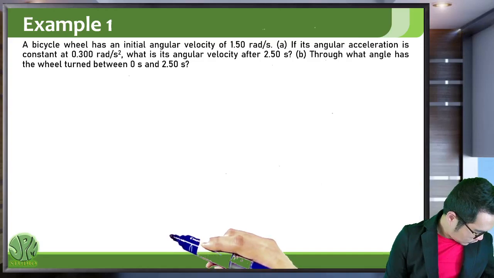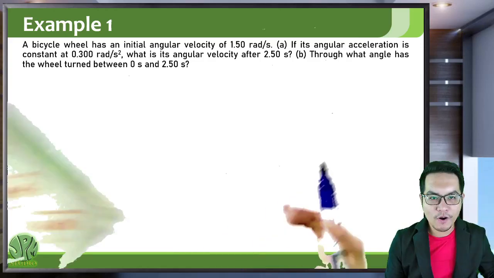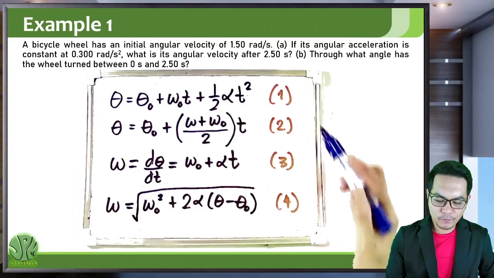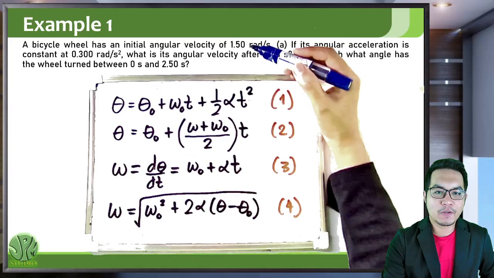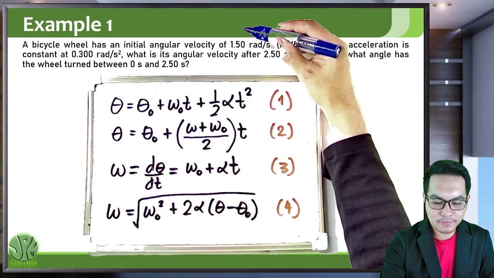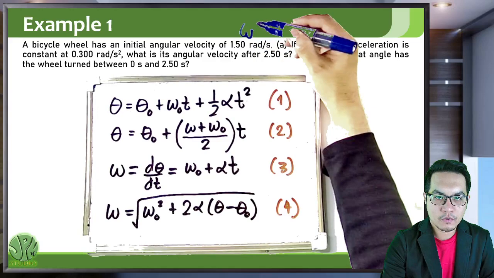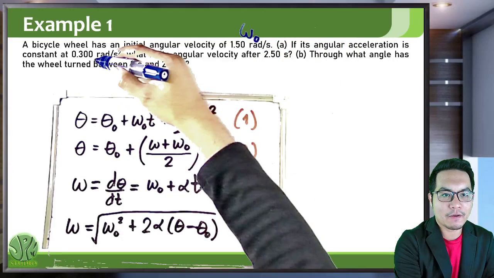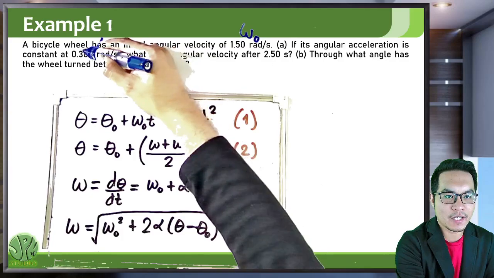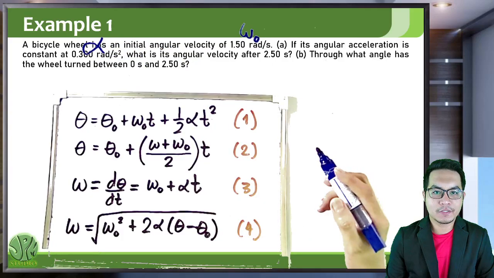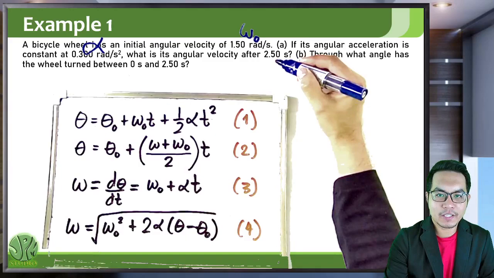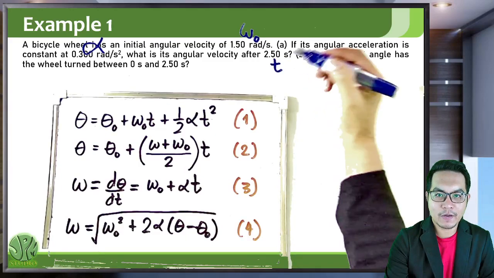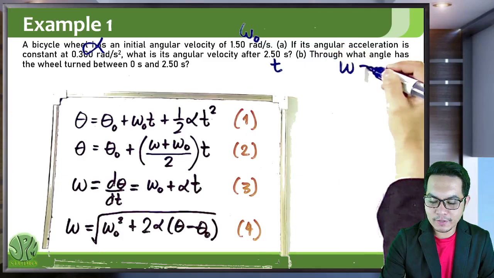Okay, so you have four angular kinematic equations to choose from. Equation 1, 2, 3, 4. We are given the initial angular velocity, omega naught. We are given alpha, so 0.300. This is our alpha. And we are given the time, which is equal to 2.5 seconds. And the unknown here is the final angular velocity.